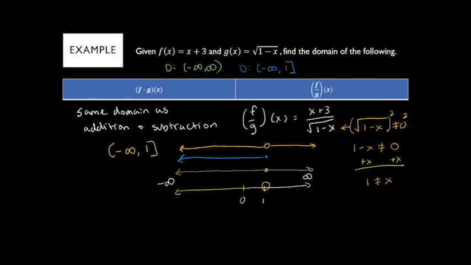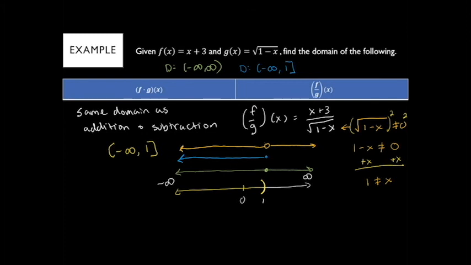So if you prefer the open circles, you can do open circles, but that's also the same thing as our parentheses with the interval notation. Because we're not allowed to include 1, that means we can't have a bracket at 1, because it's not included.